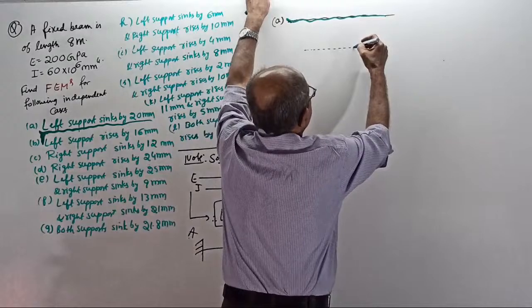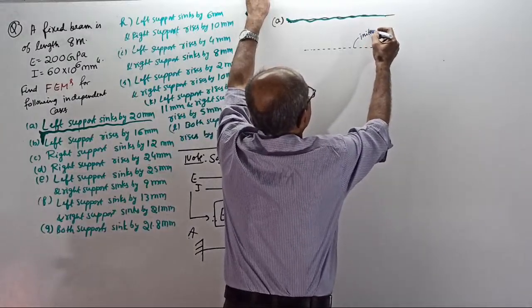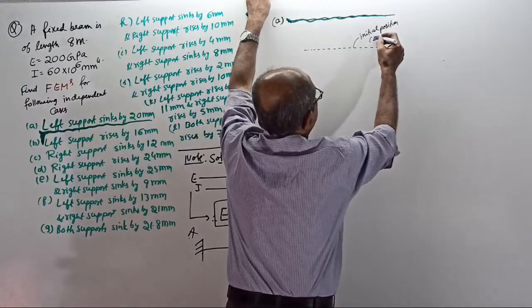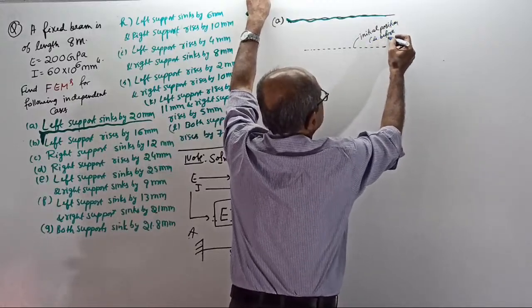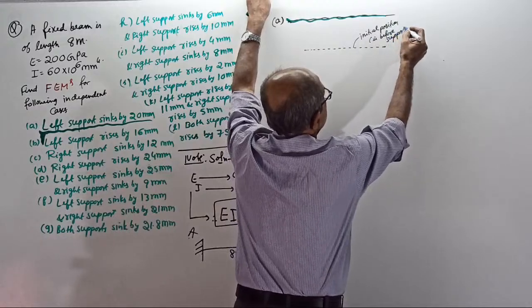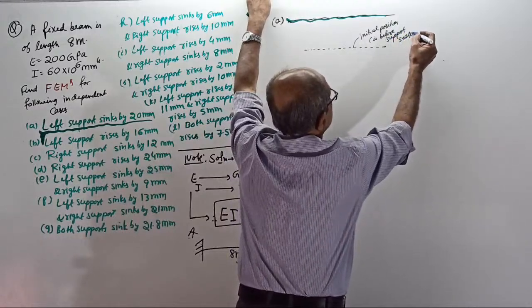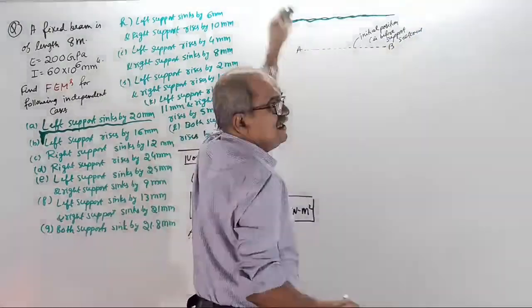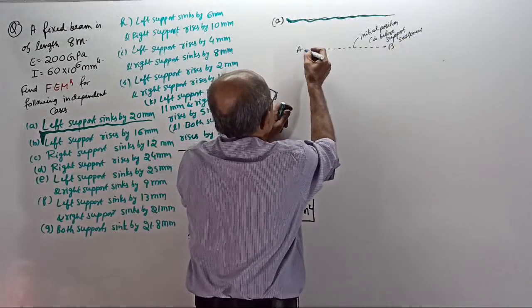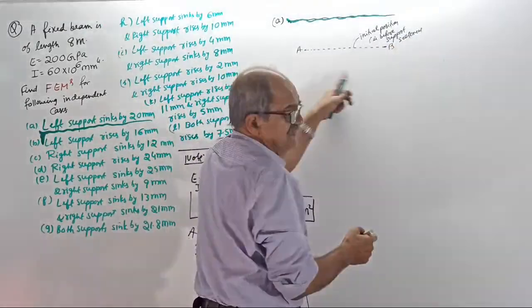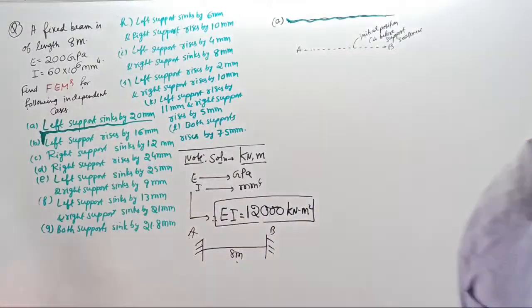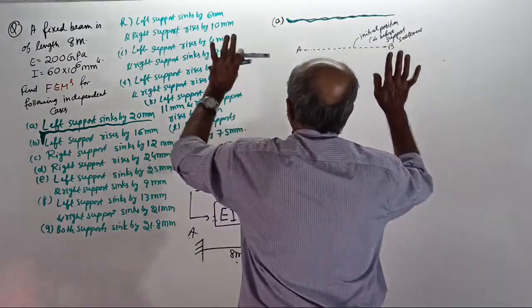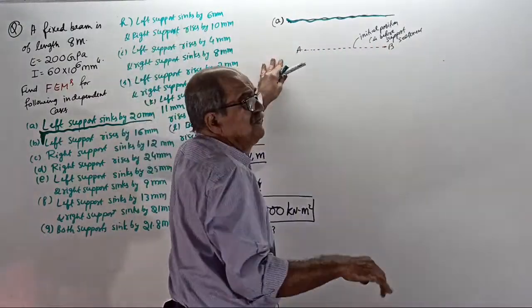This dotted line is initial position. This is A, this is B. Clear? Initial, the point A is here, point B is here. Length is 8 meter. Clear now? Now, correctly observe how the settlement is.